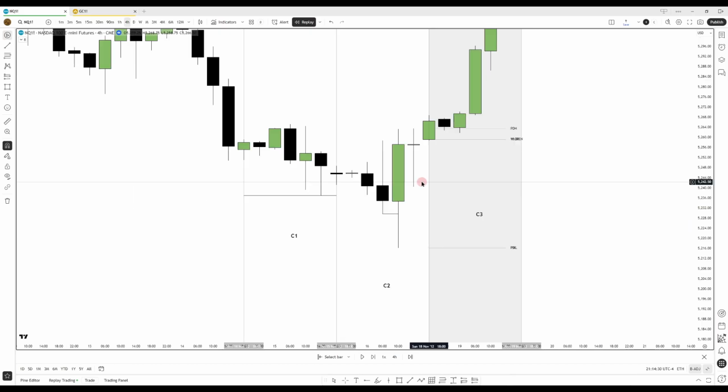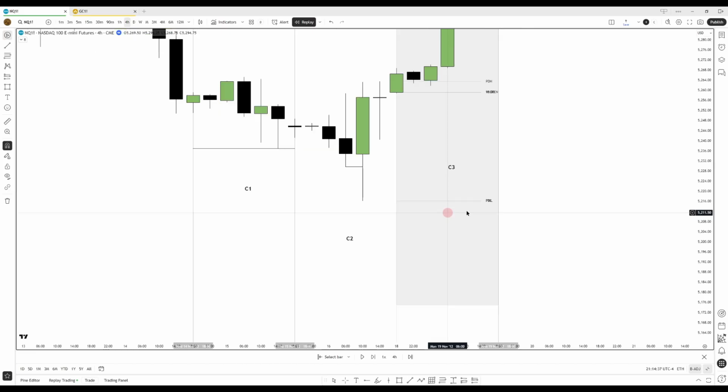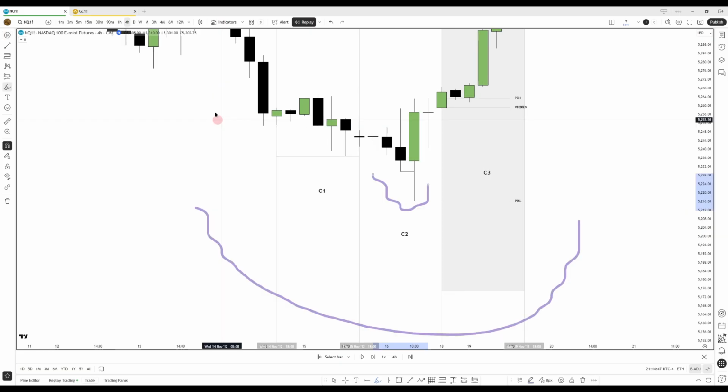Candle 1, candle 2, candle 3. So we have an overarching swing like this. And now we have a little swing here. It's just showing you that on this day, we're creating a swing inside a swing.